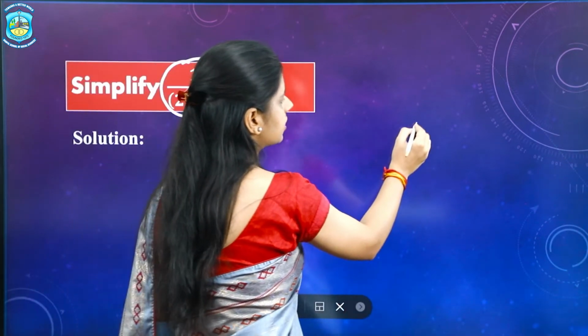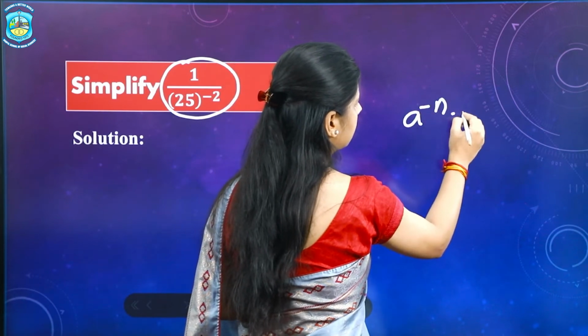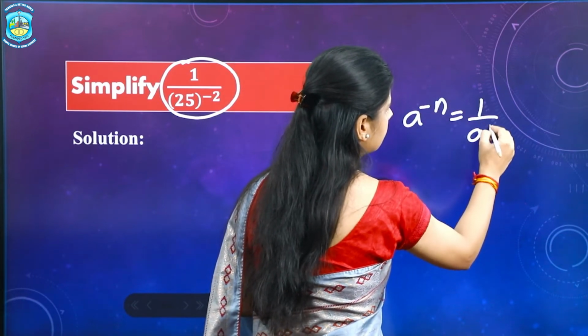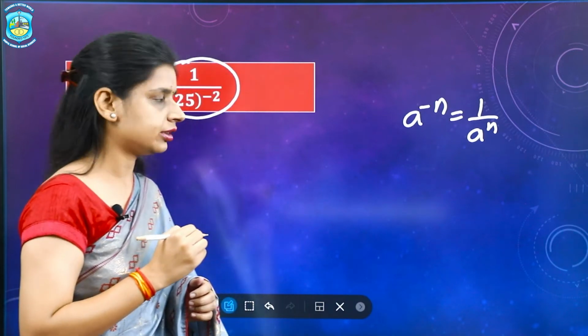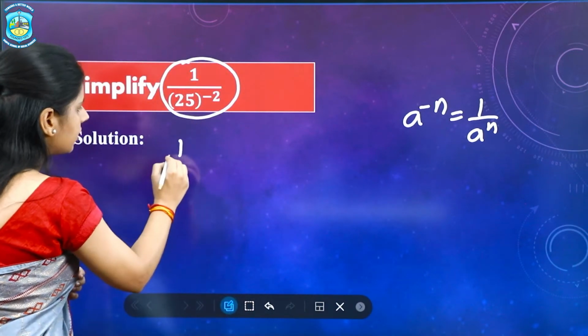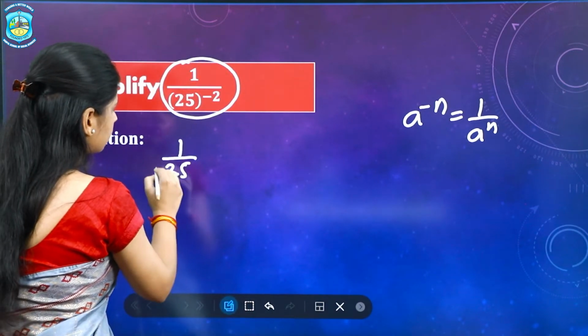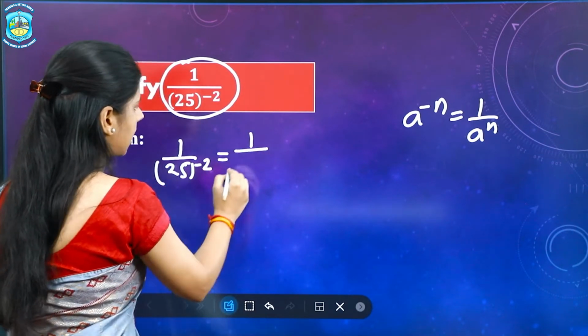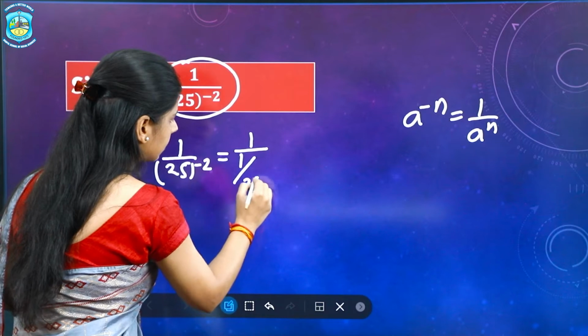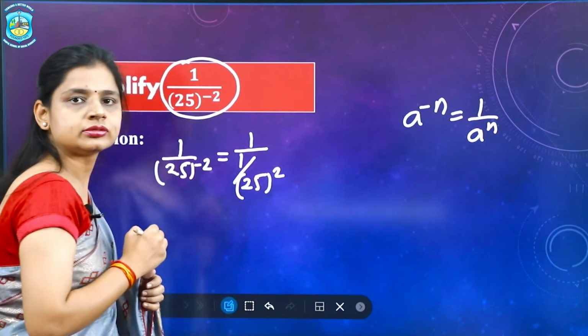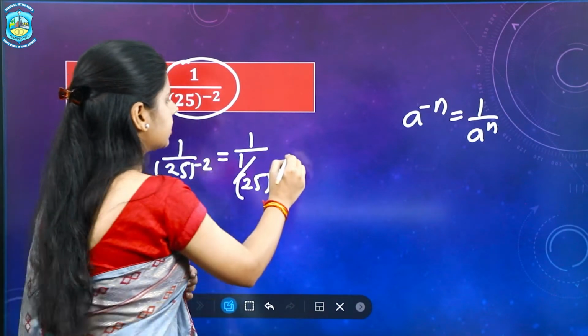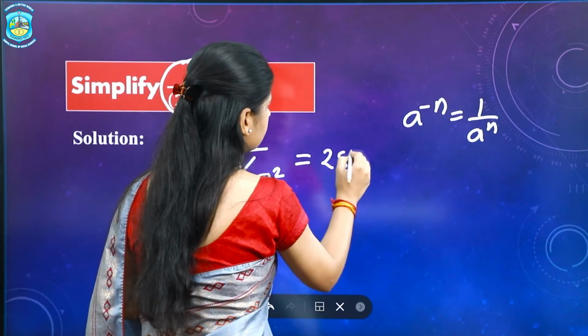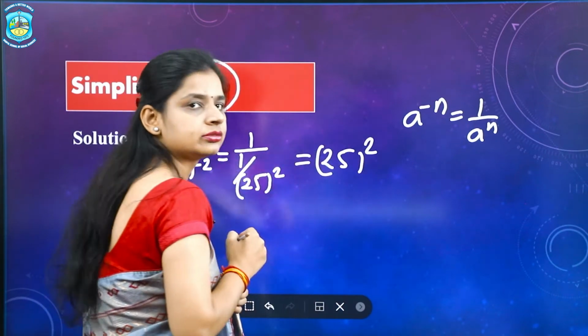First, we'll use this formula a to the power minus n is 1 by a to the power n. So, this term 1 by 25 to the power minus 2, we can write as 1 by 25 square. On simplification, this term will be 25 square.